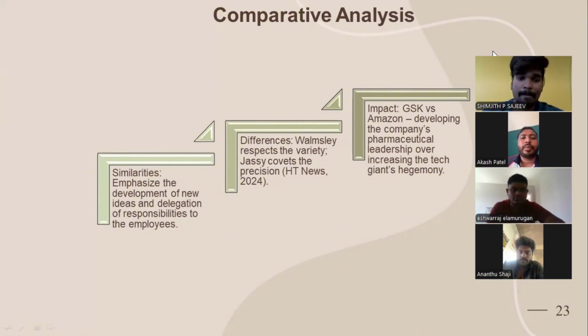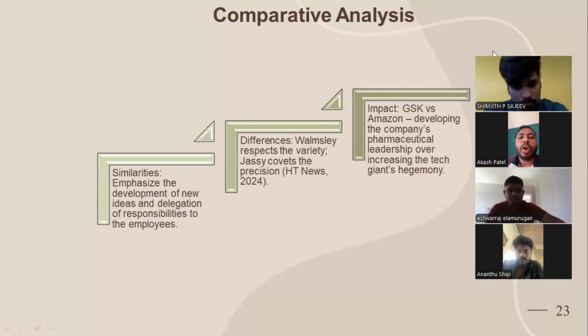Comparative analysis. Both leaders, Emma Walmsley and Andy Jassy, are similar in their focus on innovation and empowering the members of the team. Nevertheless, the concern with diversity and inclusion as experienced by Walmsley may be viewed as opposite to the concern with the technical merits as experienced by Jassy, which relate to their organizational positions.